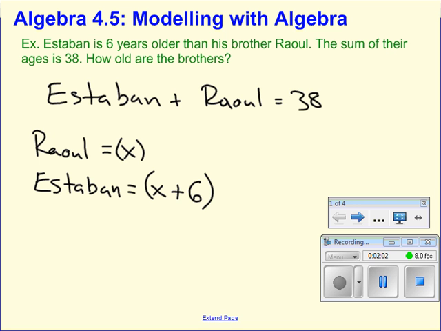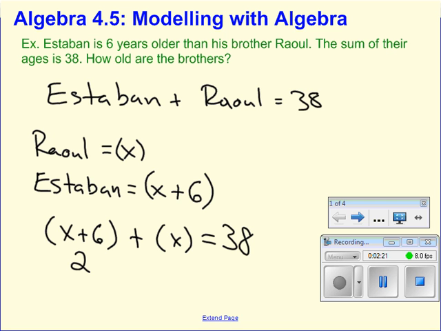So I have x plus 6 for Esteban plus x equals 38. Now that I've got an equation with only one variable, I can simply solve for it. Collecting like terms, I have x and another x, so that gives me two x's altogether, plus 6 equals 38.